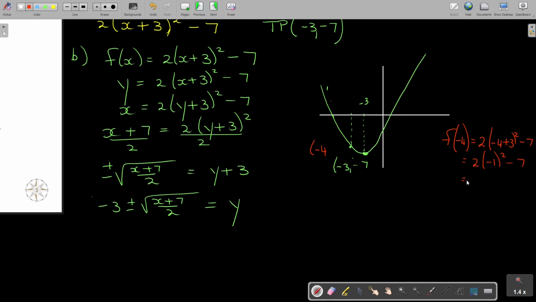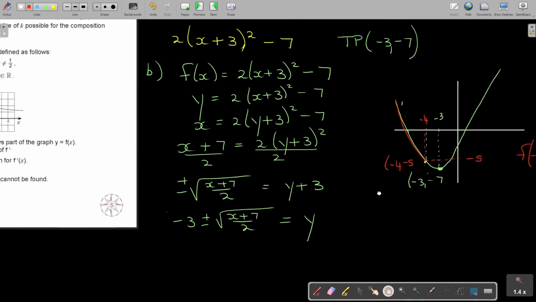So it's 2 minus 7, it's negative 5. So have that in mind, you know that point there is negative 5 and that point there is negative 4. Okay, you have that now in mind. So it's still going to work 100% because it's just that part. It can actually go up to the turning point there.